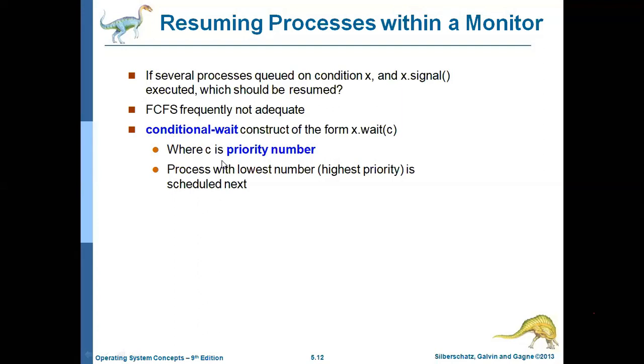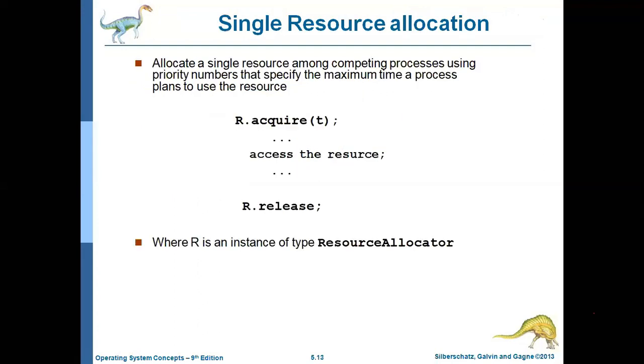Based on conditional wait. Next, we have to allocate a single resource. A single resource can be either your shared variables or something else. Allocate a single resource among competing processes using priority numbers that specify the maximum time a process plans to use the resource. So based on priority, we have to allocate a single resource among competing processes.